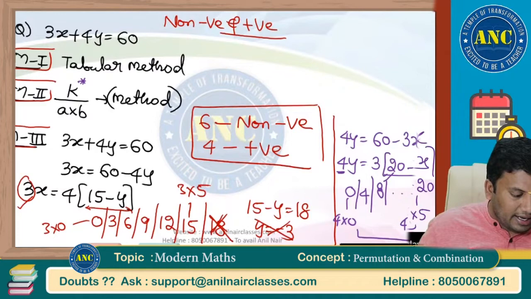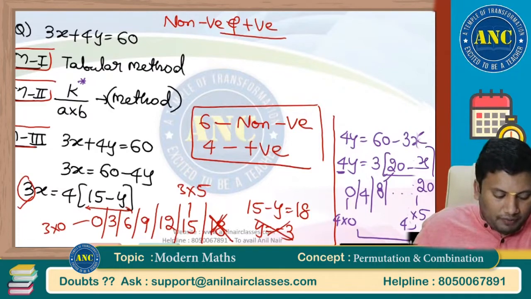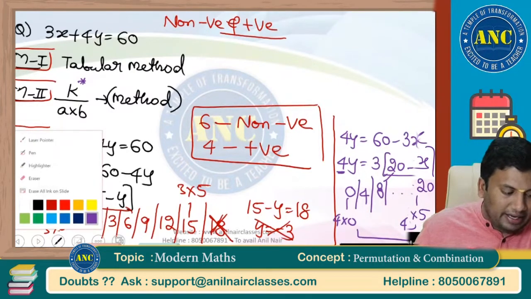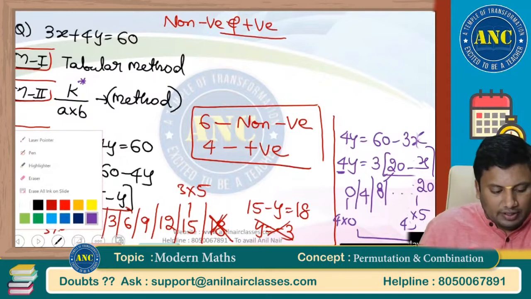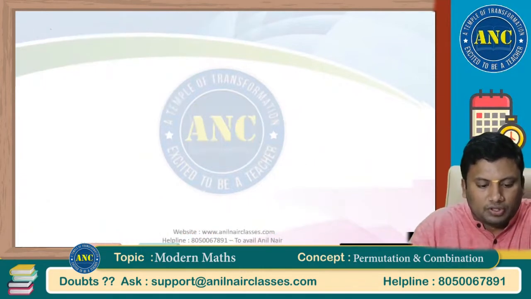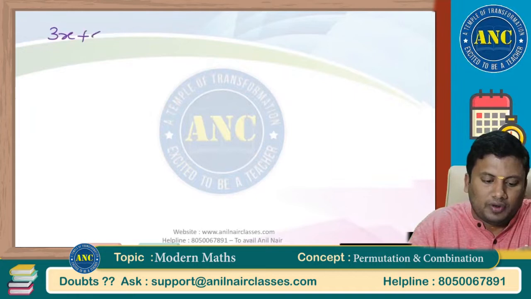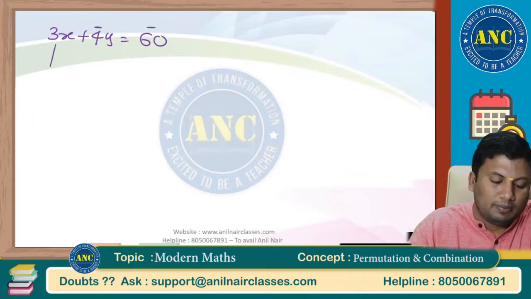Very, very clear? Next. Why we got K by A into B, that also we will see. Now see here. Suppose 3x plus 4y equals 60. This is divisible by 4, this is divisible by 4, so x should be divisible by 4.